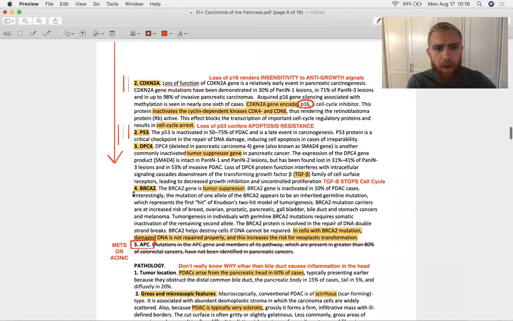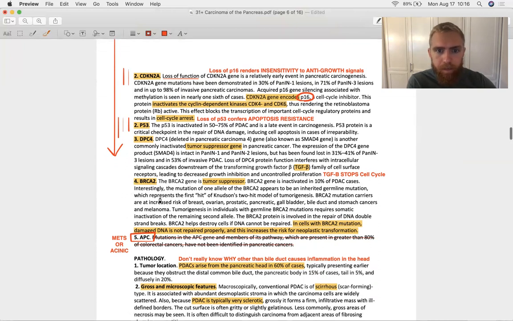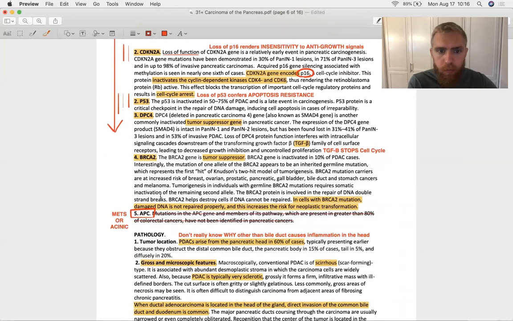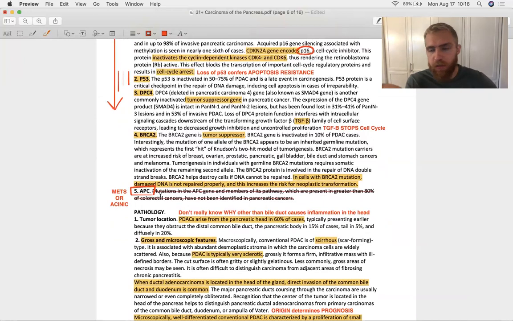And so BRCA2 is going to be a late mutation that you pick up, typically right before you go into that adenocarcinoma or possibly after you've even reached that stage. BRCA is another tumor suppressor. That can be something real simple, you know, which one of these is an oncogene, tumor suppressor gene, etc. And then APC is brought up briefly at the bottom to alert you of the fact that pancreatic ductal adenocarcinomas do not express APC.